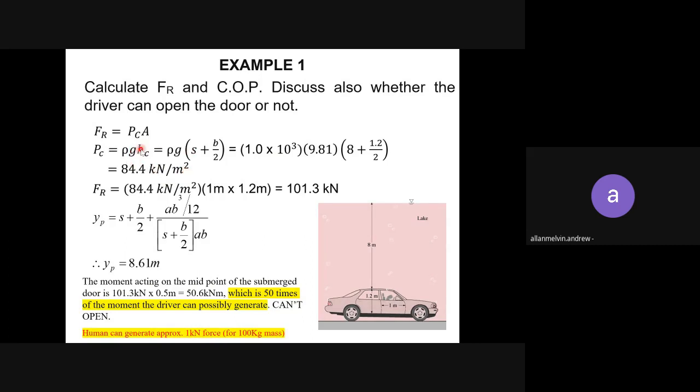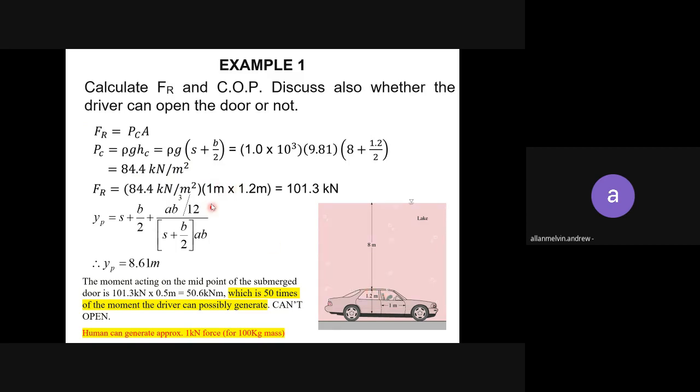Once you have found PC, you can substitute in this formula to find FR. So FR equals 84.4 kilonewton per meter square times 1 meter times 1.2.